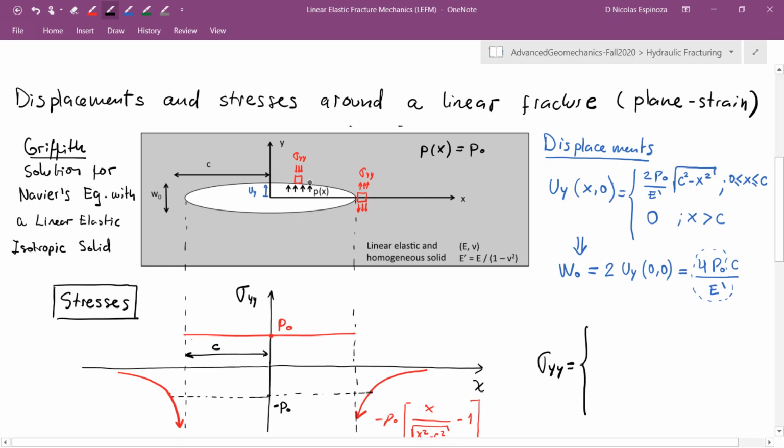Whenever the pressure is in contact with the solid, then the value of the normal stress, sigma yy, at the face of the fracture has to be equal to the pressure inside the fracture.